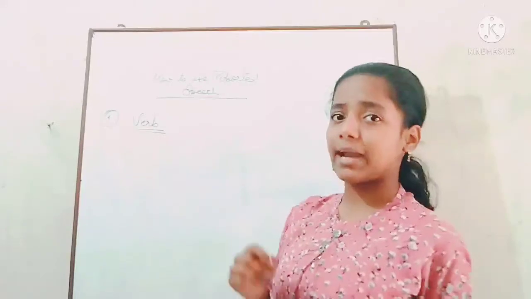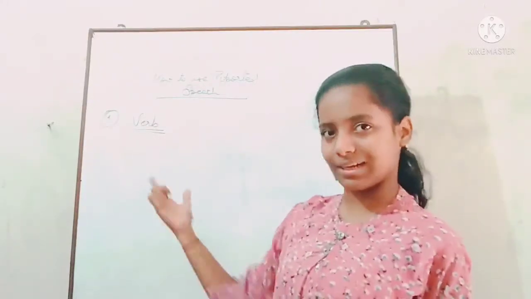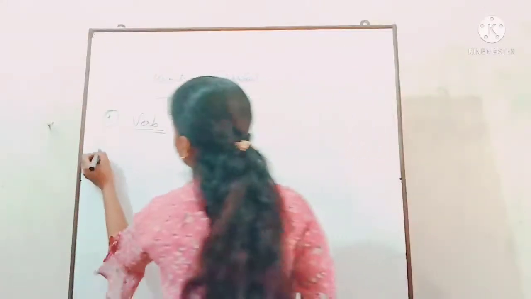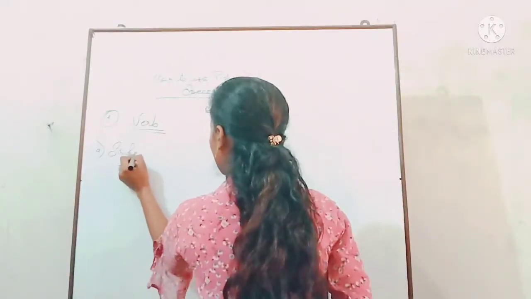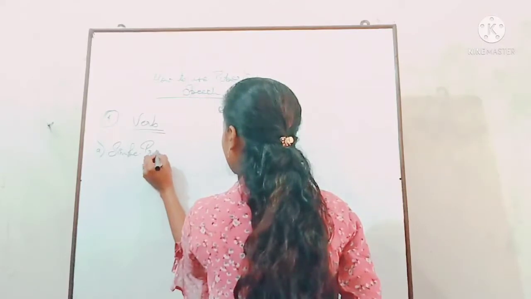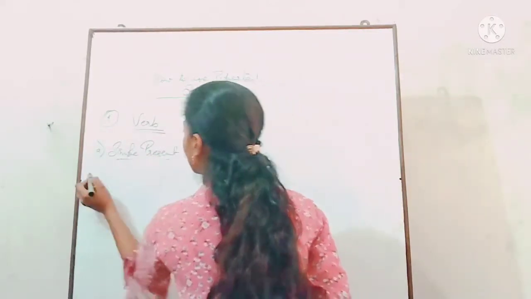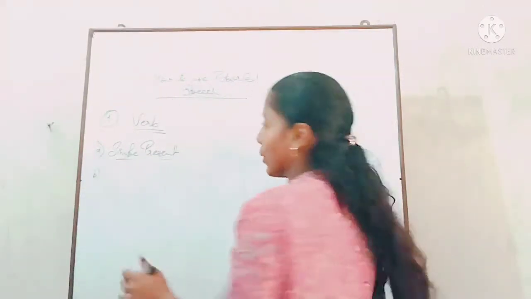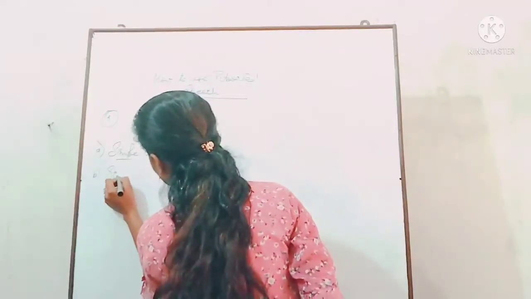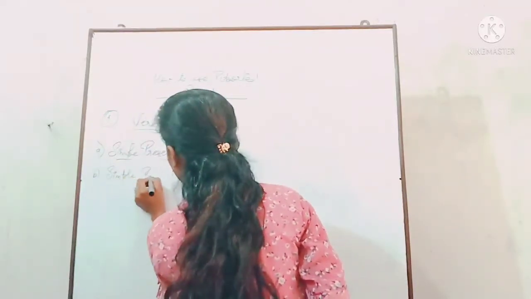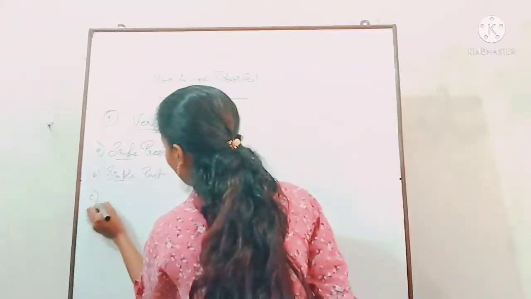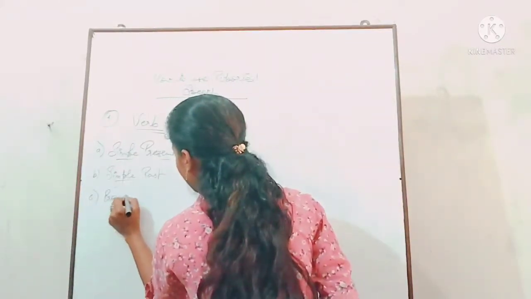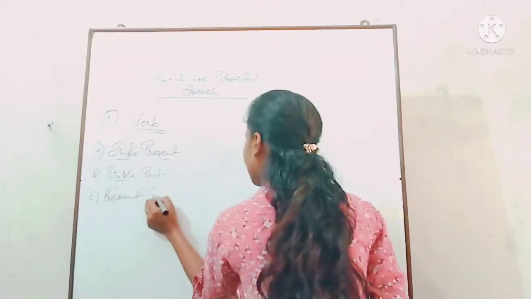The basic tenses that we are going to cover today are written on the board. Let's see. First, at part A we have simple present tense. Then at part B we have simple past tense. At part C we have present continuous tense.